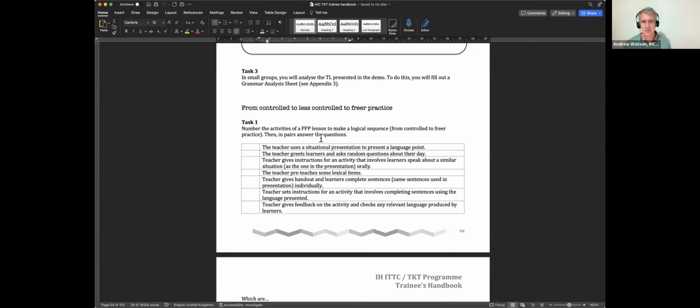So in this logical sequence of a PPP lesson, now this one would be the freer practice. Teacher gives instructions for an activity that involves learners to speak about a similar situation.